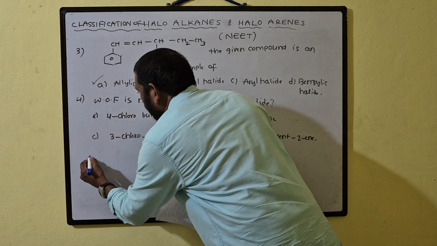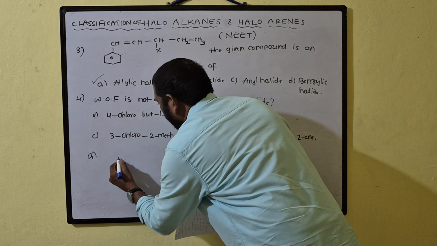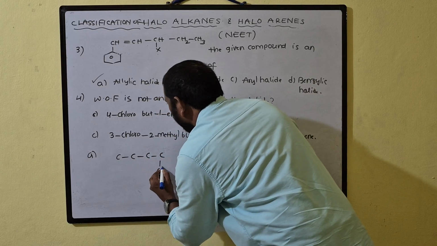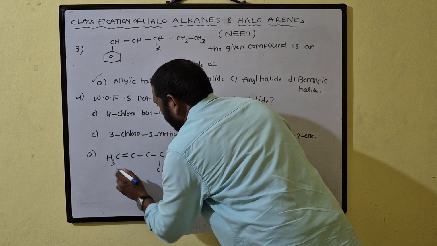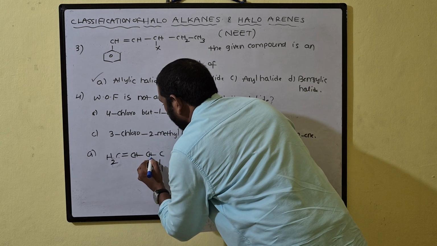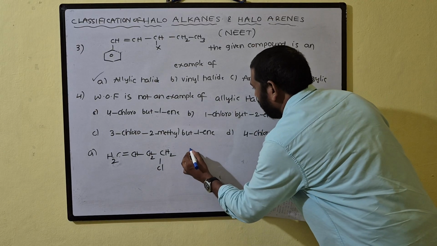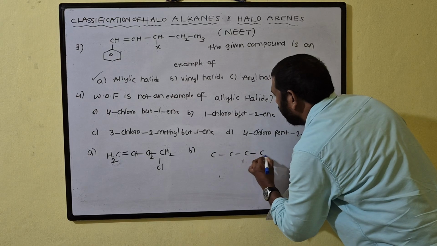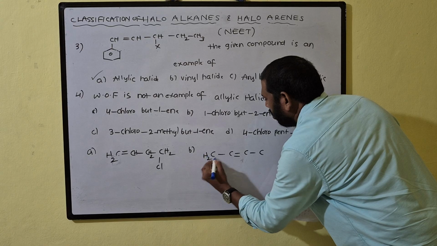First one, 4-chloro but-1-ene. Convert into structure: but means 4 carbons, 4-chloro, 1-ene, and the remaining hydrogen atoms: CH2, CH2, CH, CH2, CH2. Next, option B, 1-chloro but-2-ene, 4 carbons, 2-ene, 1-chloro, and the remaining hydrogens.